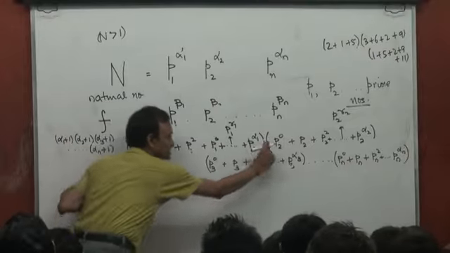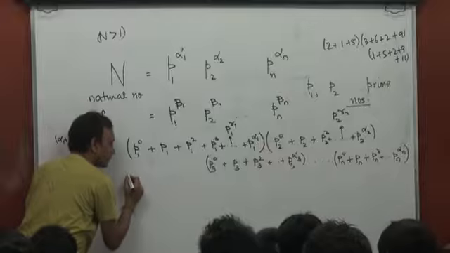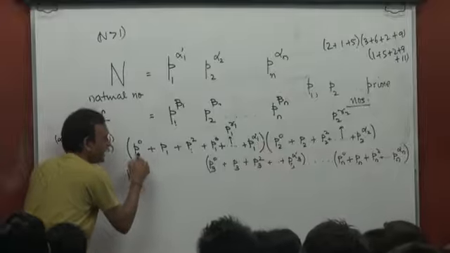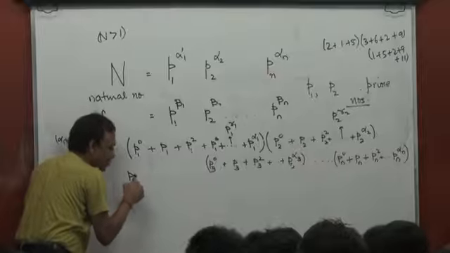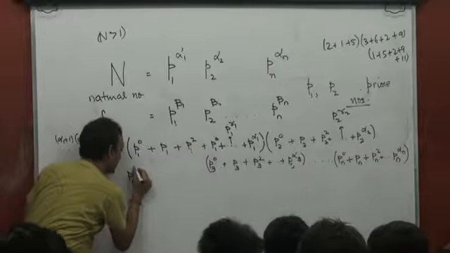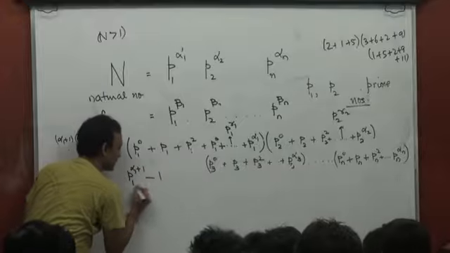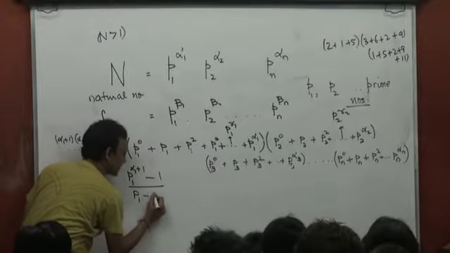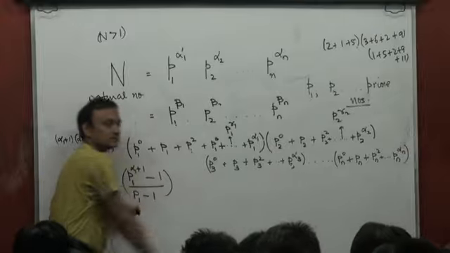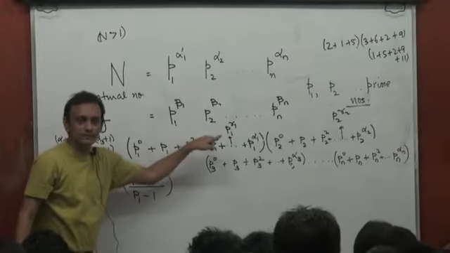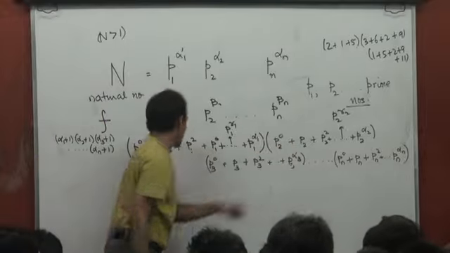Right? So what is this supposed to be? A, which is 1, into r to the power n, n is alpha 1 plus 1, minus 1, divided by r minus 1. That's this. Sum of this GP series. What is the sum of this GP series?